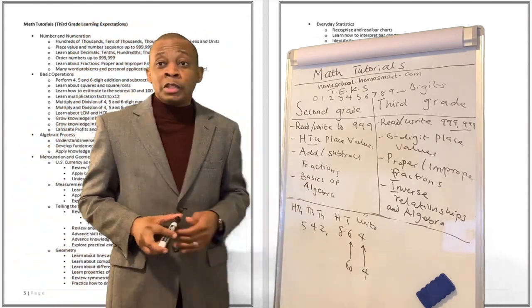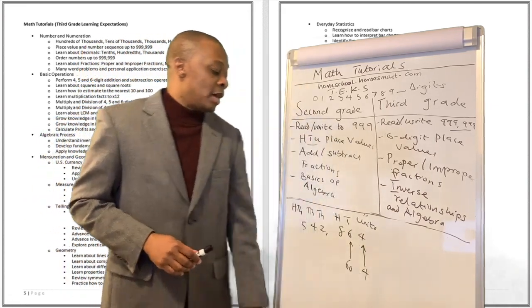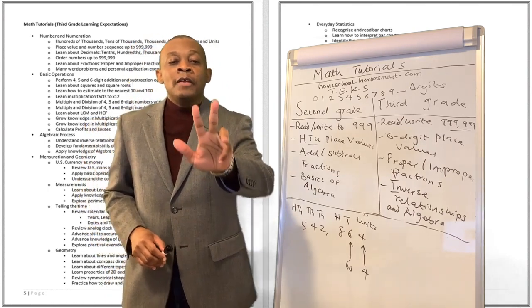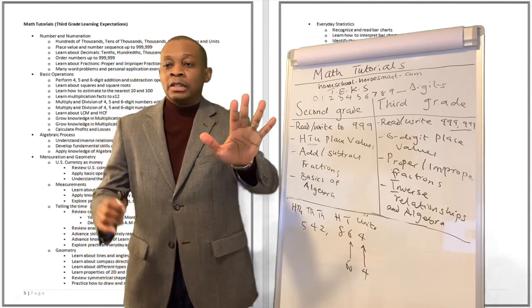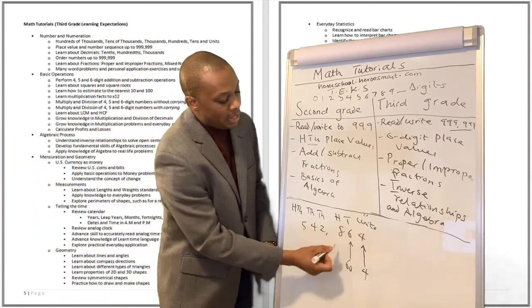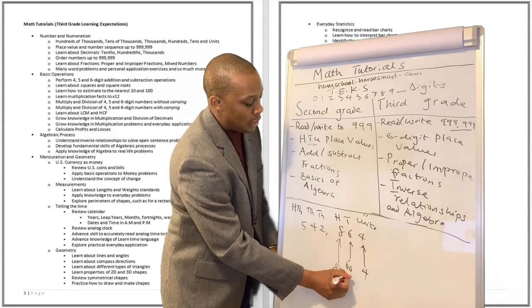So this 8 over here means I am counting by 100. So it's going to be 100, 200, 300, 400, 500, 600, 700, 800. So I am counting by hundreds, and this is going to be equivalent to 800.